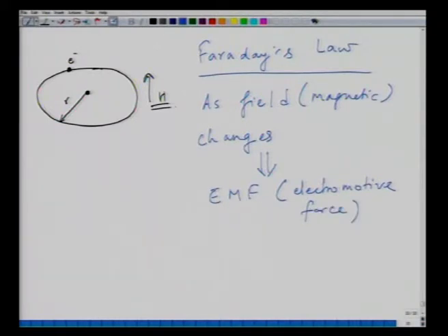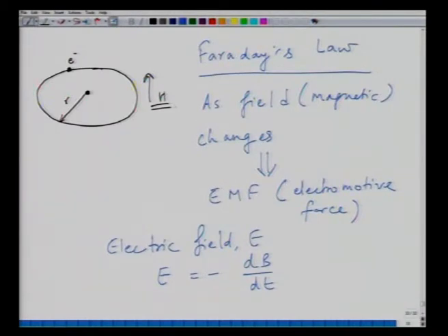This electric field is tangential to this orbit. So, let us say the electric field E is given by minus dB by dt. Now, you need to get the units right.